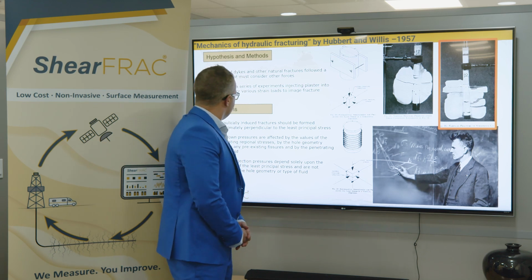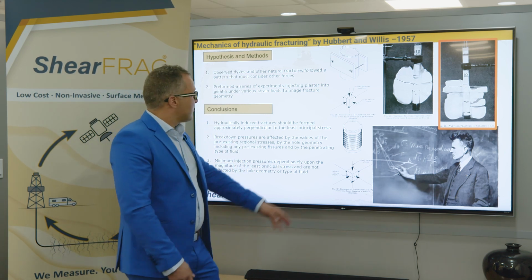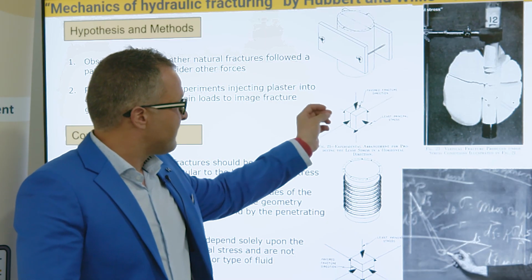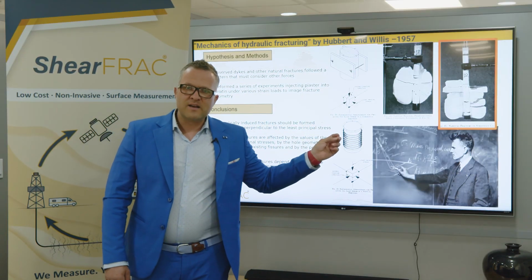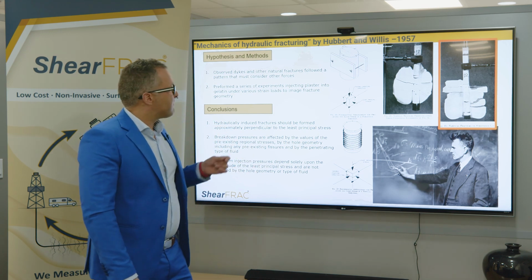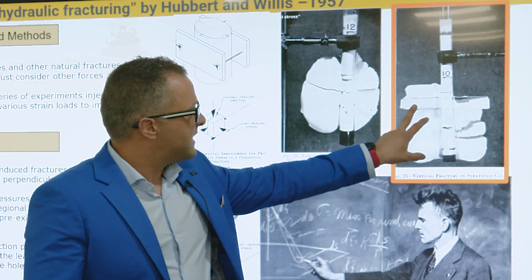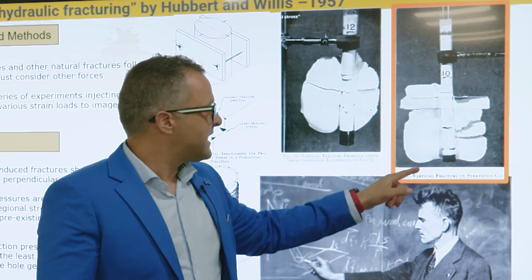What's critical is that everyone is familiar with his final output, which is that the fracture will propagate against least principal stress. What's interesting, if you look back in this paper in 1957, there are very interesting tests. Test 10 in particular was where they stratified the gelatin prior to injection.